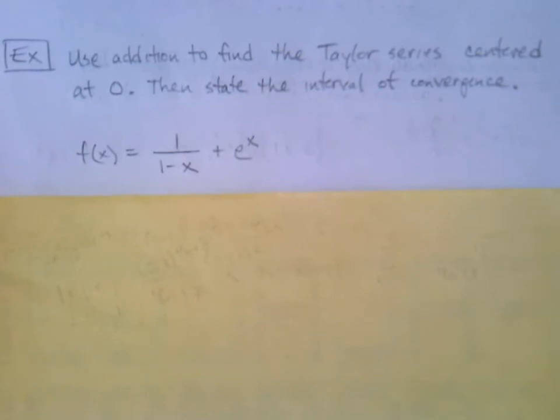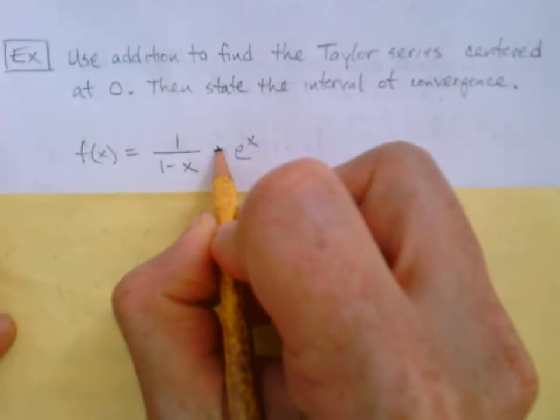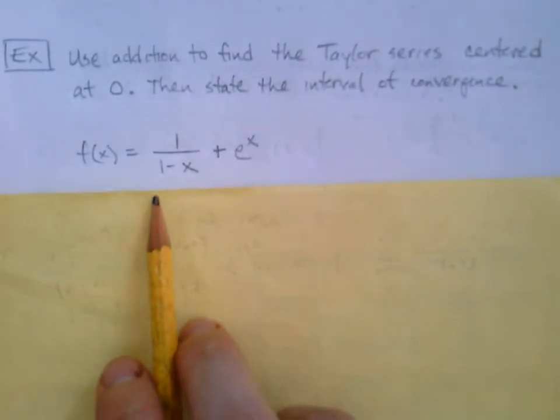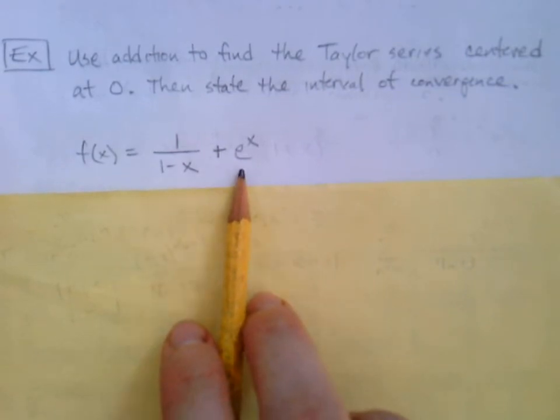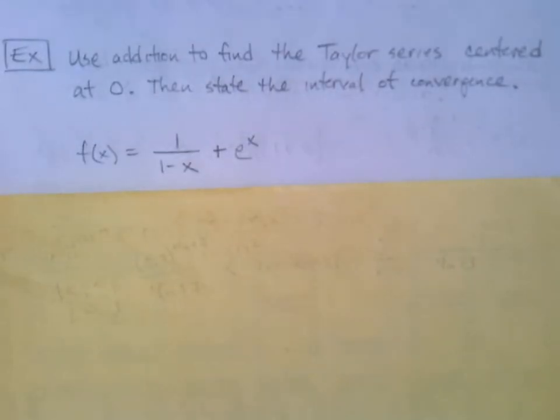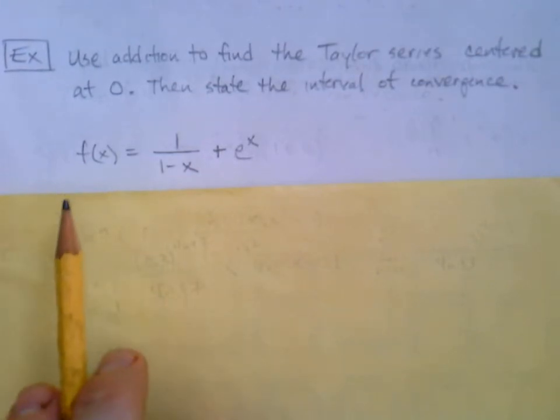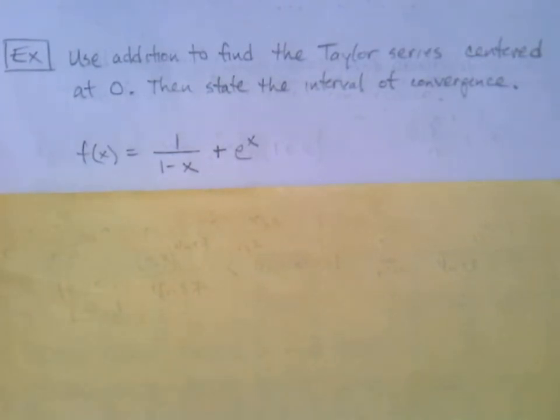And we're going to be looking at this. F of x is 1 over 1 minus x plus e to the x. So what will it look like to get a Taylor series here for f of x? Well, maybe not surprising.